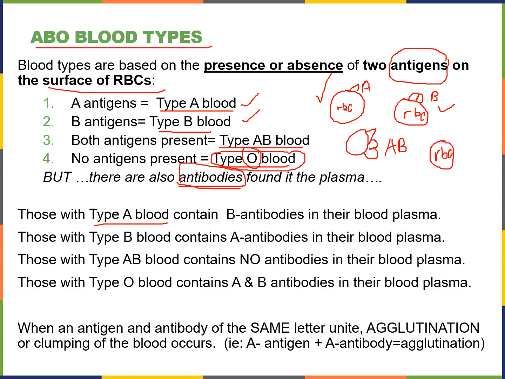Because normally, whatever this antigen is on the surface of a cell, here is the Y-shaped protein, that's an antibody. If this is A antigen, the A antibody can bind to it. But when we are born, we don't want this. Why? Because if this happens, the red blood cells are destroyed.